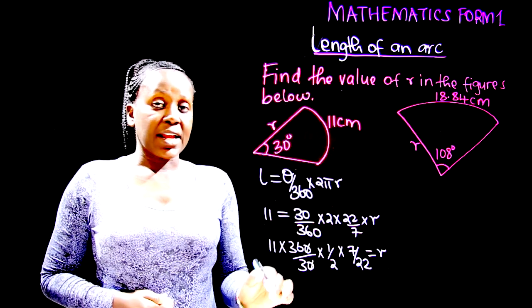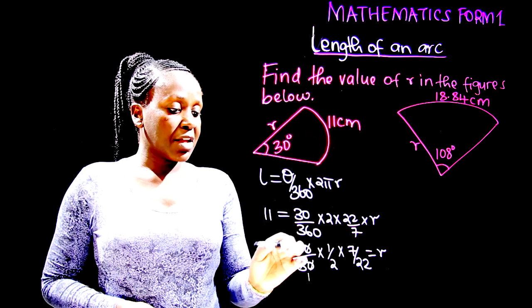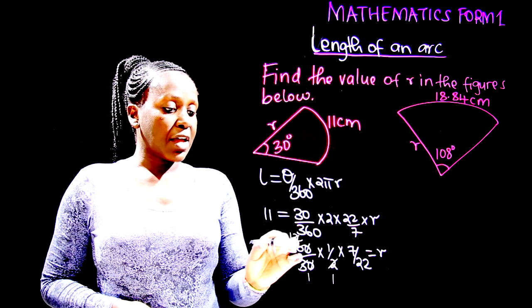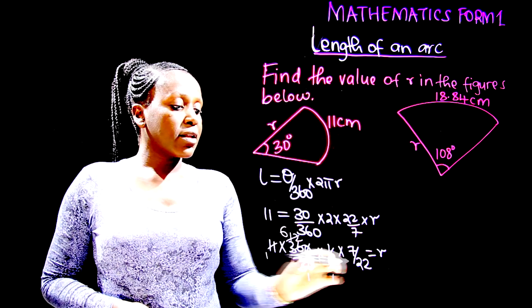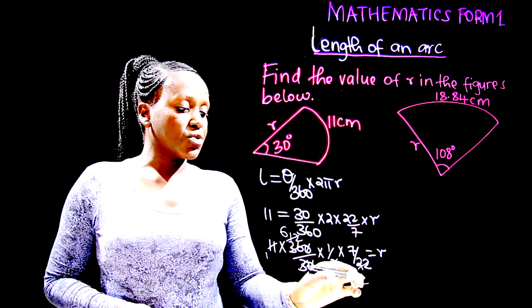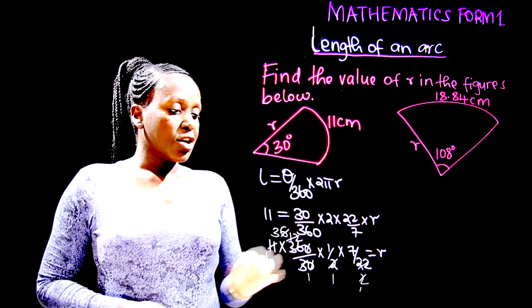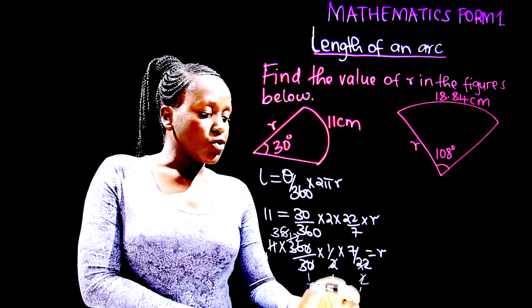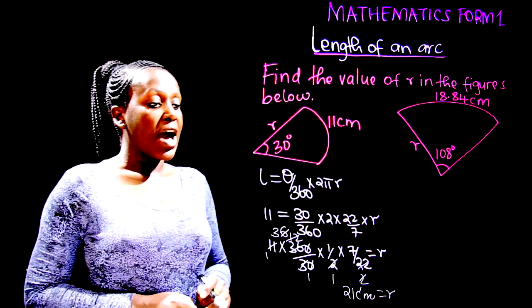These two zeros can cancel out. Then divide by 3: 1 and 12. Divide by 2: 1 and 6. Then divide by 11: 1 and 2. By 2: 1 and 3. So now we have 3 times 7, which is equal to 21 centimeters, being the value of r.